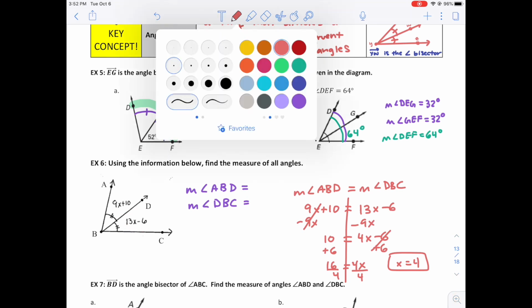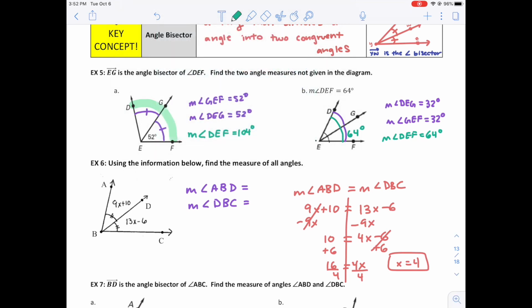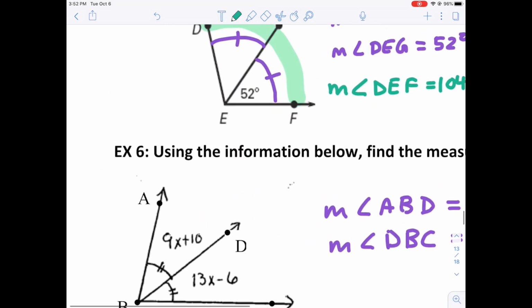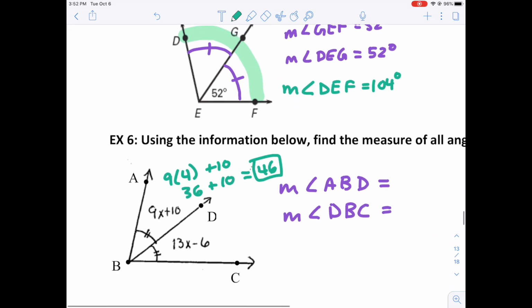So the measure of angle ABD is equal to 9 times x plus 10. So I'm going to have 9 times 4 plus 10, which is 36 plus 10, so 46. So that's going to be the measure of angle ABD. If you remember, they're congruent, so this will also be 46.